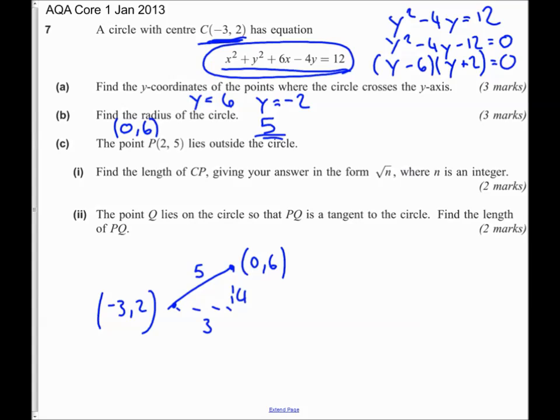The point P (2, 5) lies outside the circle. Find the length of CP, giving your answer in the form root n. So again, nice straightforward Pythagoras question. I have my centre at (-3, 2). I have my point P at (2, 5).